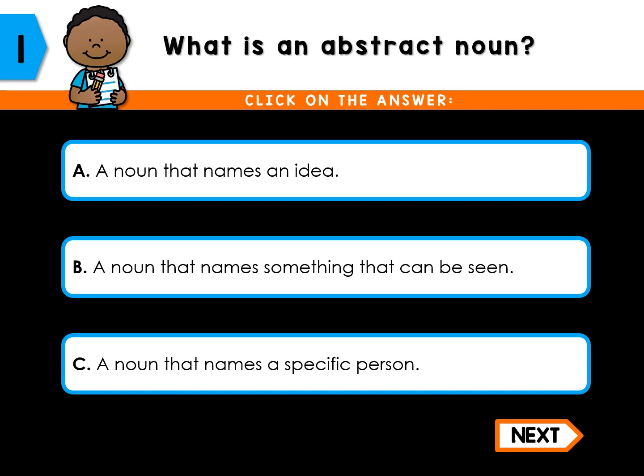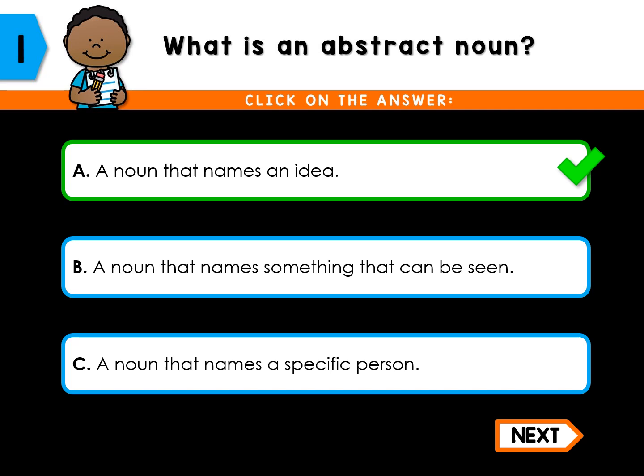Question 1. What is an abstract noun? Is it A, a noun that names an idea, B, a noun that names something that can be seen, or C, a noun that names a specific person? Choose the letter. Did you get A, an idea?